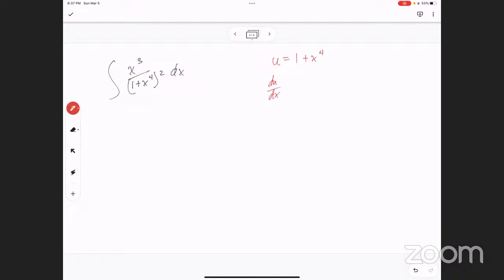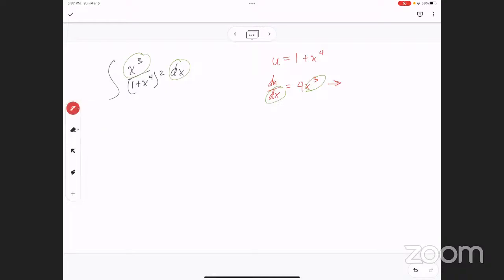So du over dx equals 4x cubed. So I rewrite this, and as I'm doing this I'm peeking back over here, because I want those two things to be together. So I'm solving for x cubed dx.